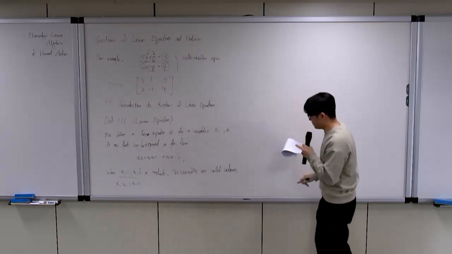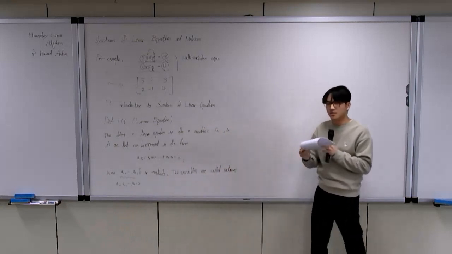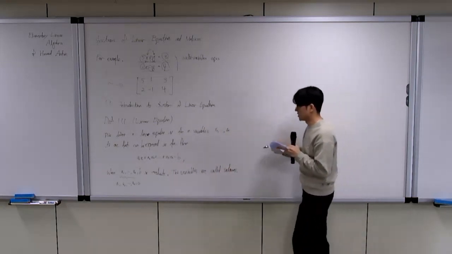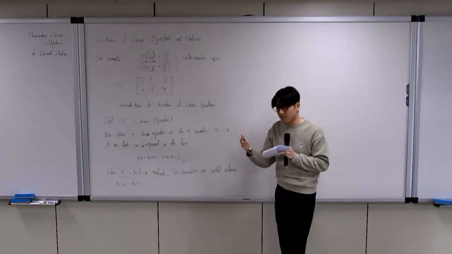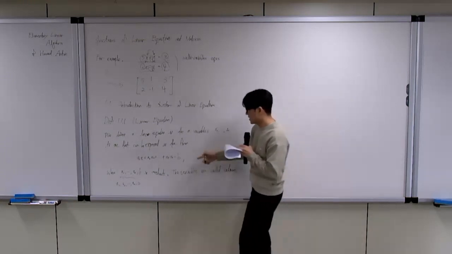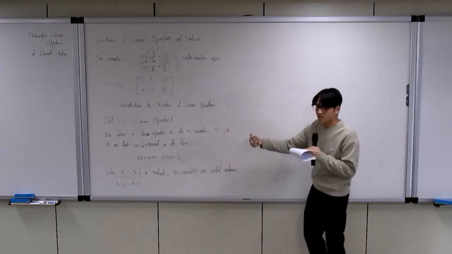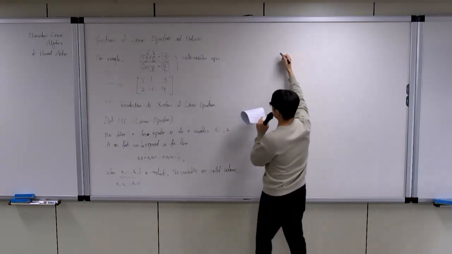But the b equals 0 case is a fairly interesting point, because by adding a variable x0, we can make a similar linear equation like this.